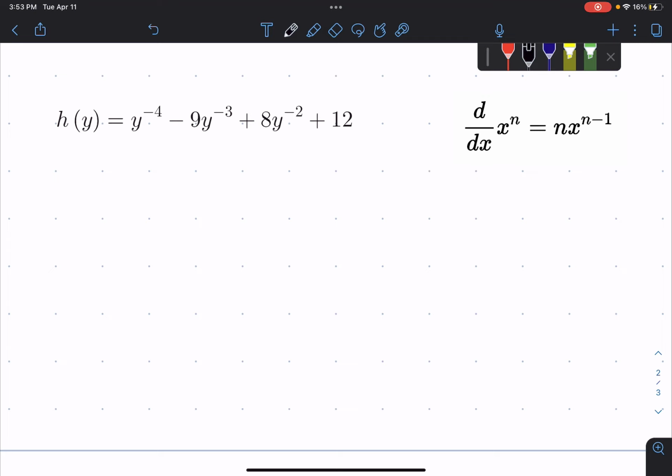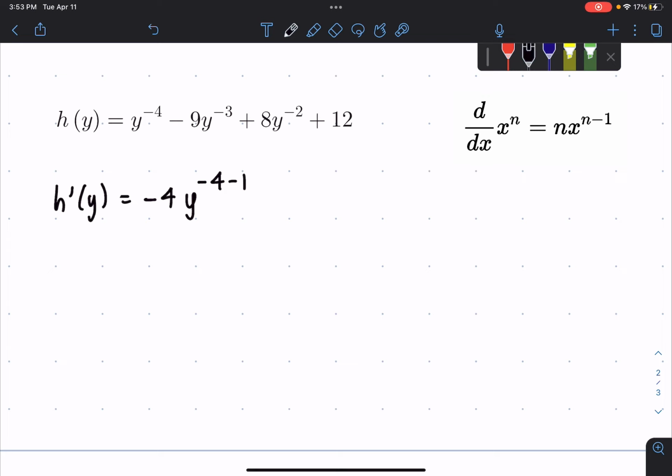Okay, this one's a little bit of a tricky one because we have some negative exponents, but don't worry, they work the exact same way as if we had positive exponents. So the derivative of this function, if we treated each term separately, is negative 4. Again, we're dropping down the coefficient, times y to the power of negative 4 minus 1.